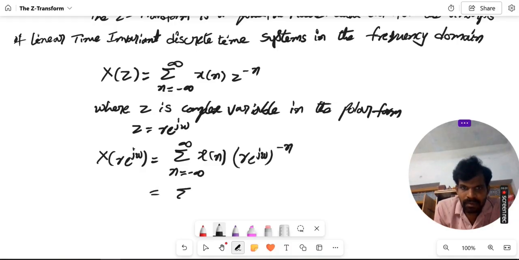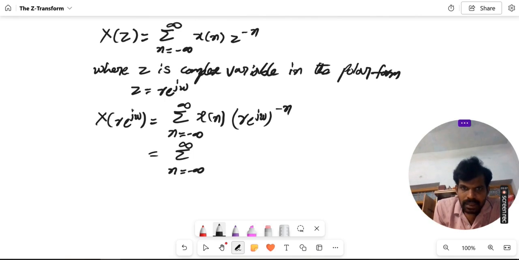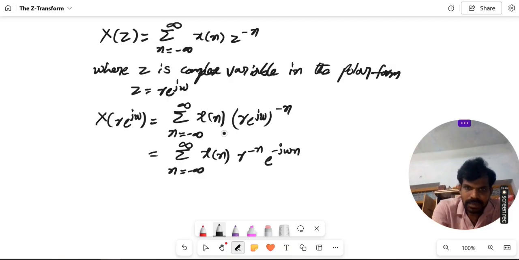By simplifying that, we get the summation from n equals minus infinity to infinity of x of n into r power minus n into e power minus j omega n.